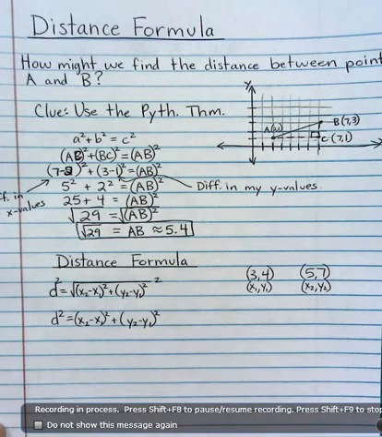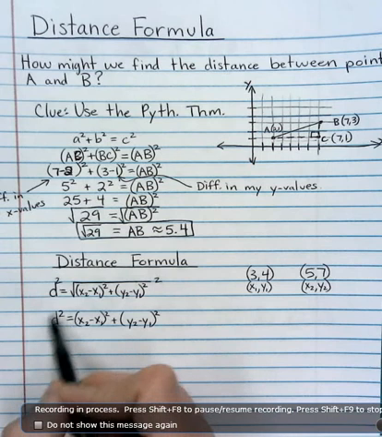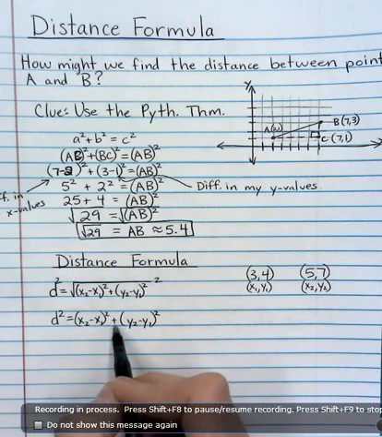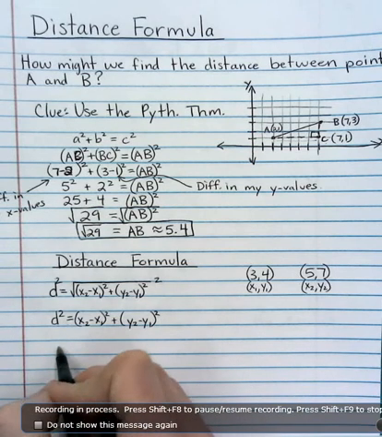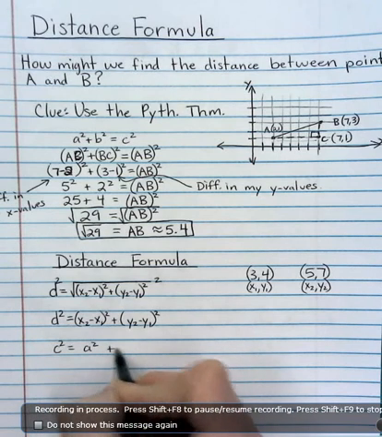All of a sudden, this means the distance of one side squared is equal to the distance of one side squared plus the distance of another side squared, which really should remind you of the Pythagorean theorem.